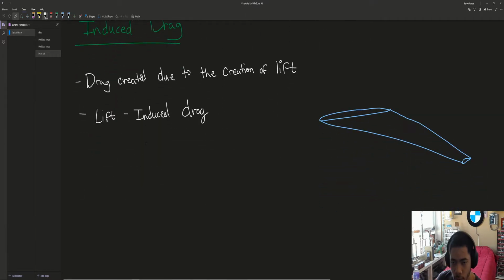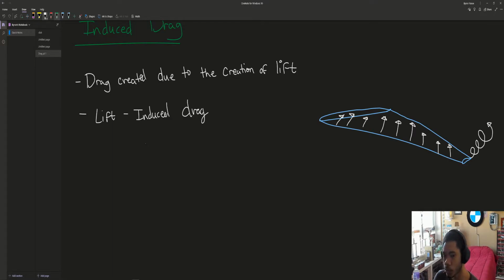What we end up getting is that at the wingtips, we get vortices. We talked about this before. But also, we get span-wise flow. And then on the bottom, we get it in the opposite direction.